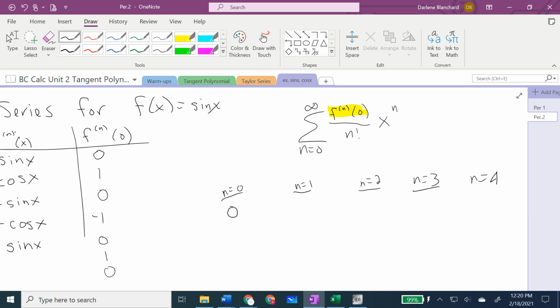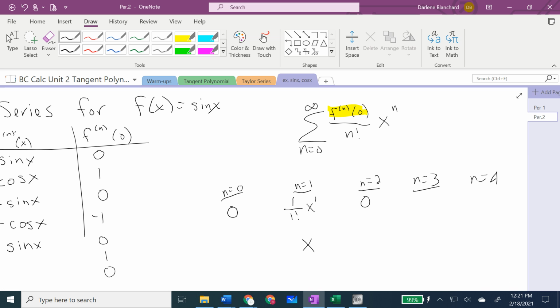No. When n is equal to 1, this highlight gets replaced with a 1, and I have 1 over 1 factorial times x to the 1 power, so I'm getting x, just plain old x. When n equals 2, this highlighted part is 0 and times, who cares?